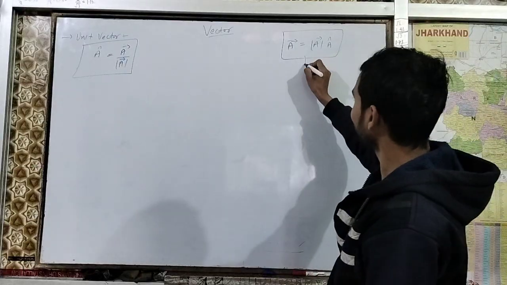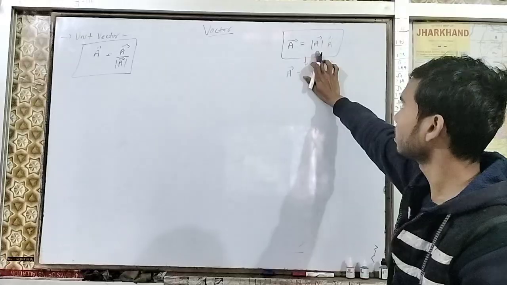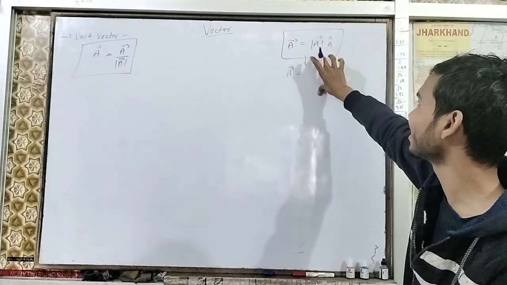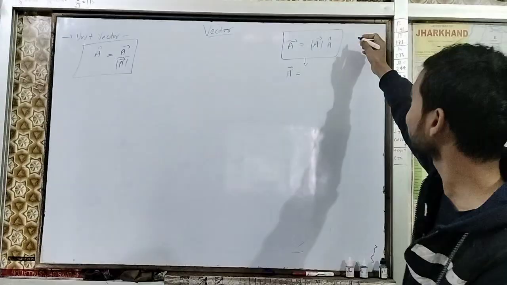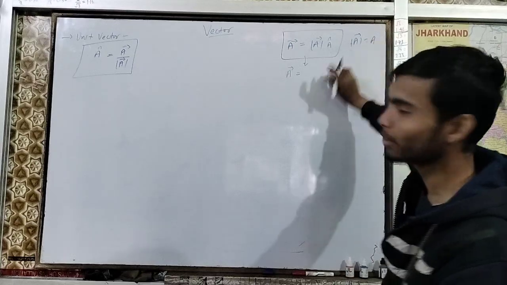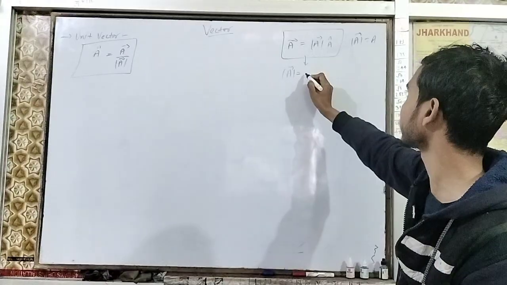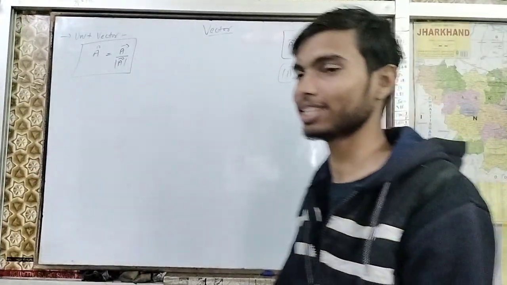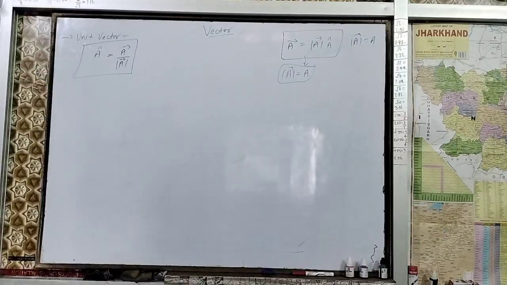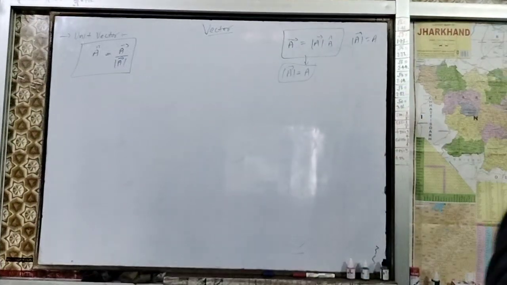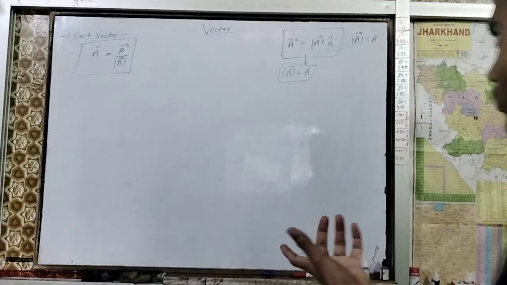This equation can be written as: since we used the mode, the mode of vector A is equal to a. Three things you see here. First, the vector is equal to the mode of the vector multiplied by the direction.